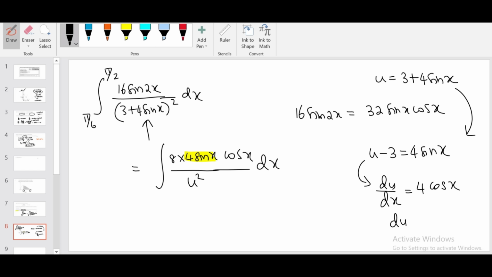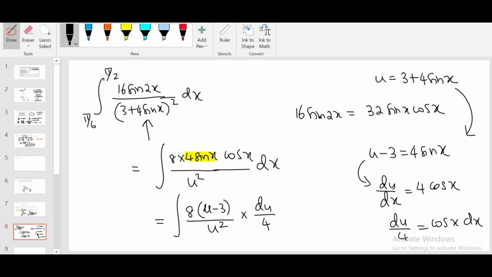In other words, I can write cos x dx as du over 4. So I replace this with 8 times (u minus 3) divided by u squared, and cos x dx is du over 4. That's all. I have converted everything in terms of u already except the limits.